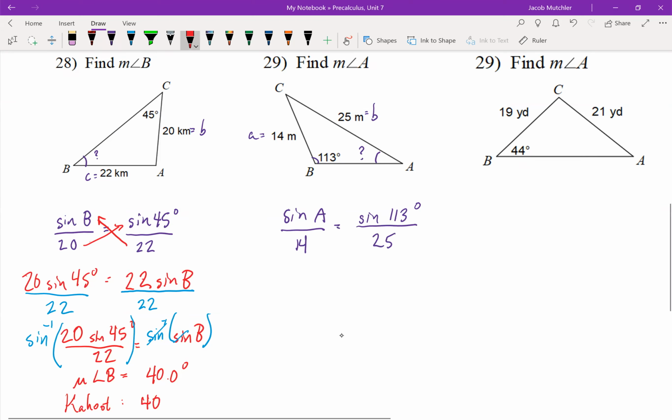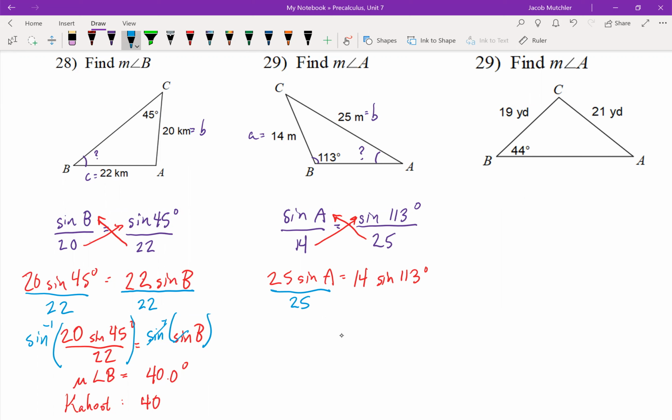To get it out of the fraction setup, I'll cross multiply. So 25 times sine of A equals 14 times sine of 113. And then once I get it in this one level format, I can solve for sine A by dividing by 25. You can see a lot of the steps are the same.